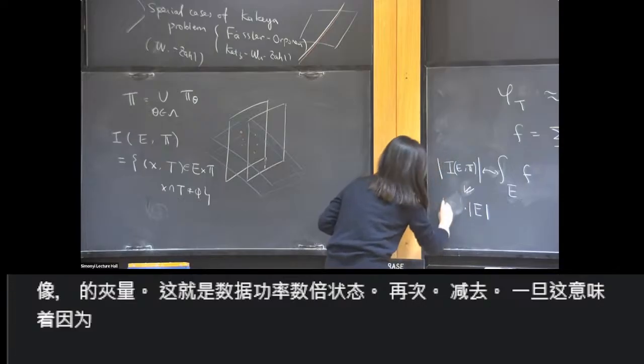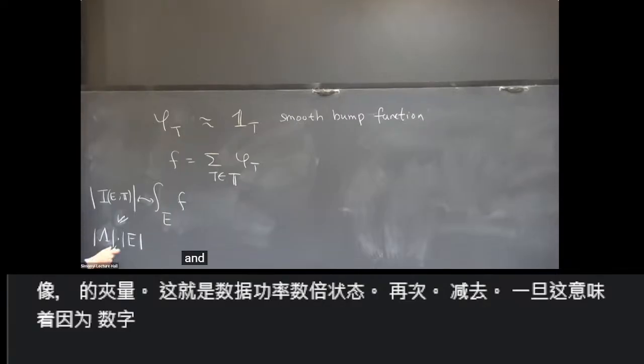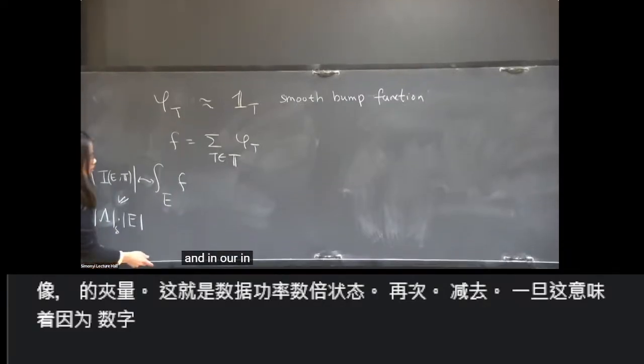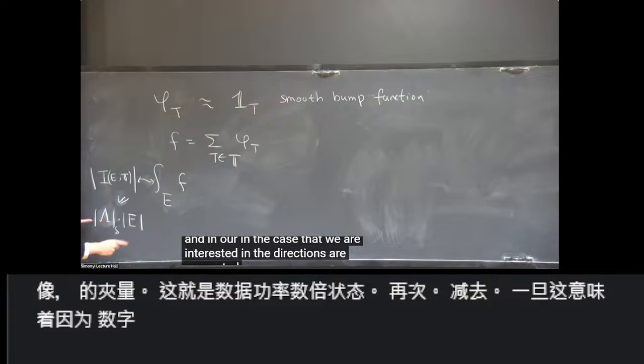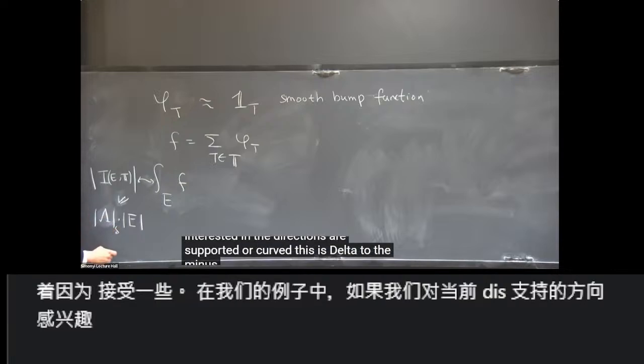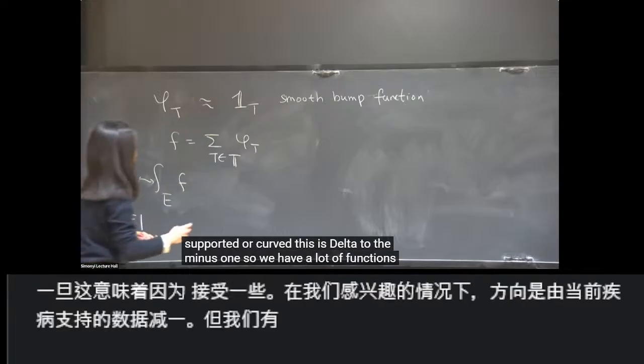Sorry, that should be the delta covering number of the set lambda. And in the case that we are interested in, the directions are supported on a curve. This is delta to the -1. So we have a lower bound.